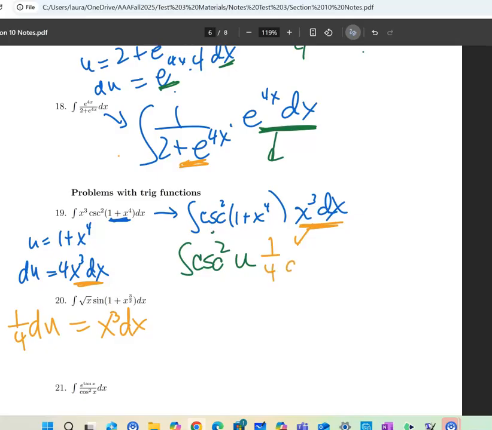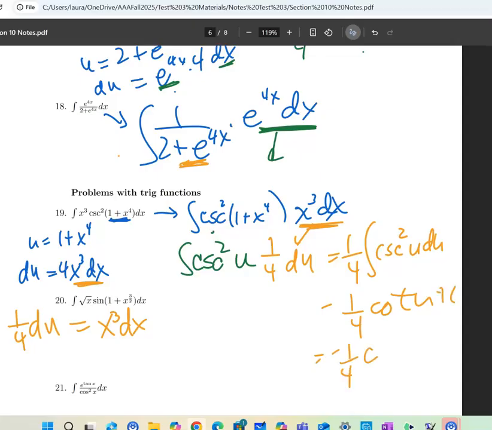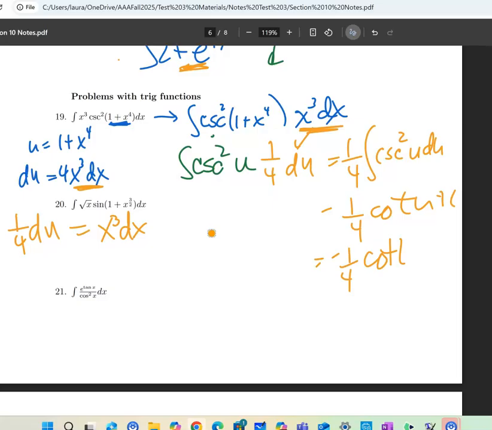So if I pull the 1/4 out, and you're thinking, I know the antiderivative. That's a negative cotangent of u plus a c, negative 1/4 cotangent of 1 plus x to the 4th plus a c. Sorry, that's really messy.